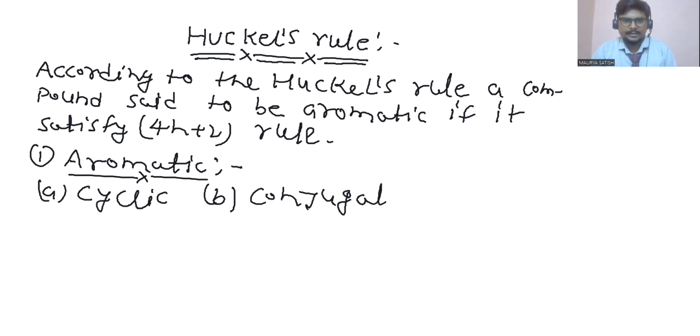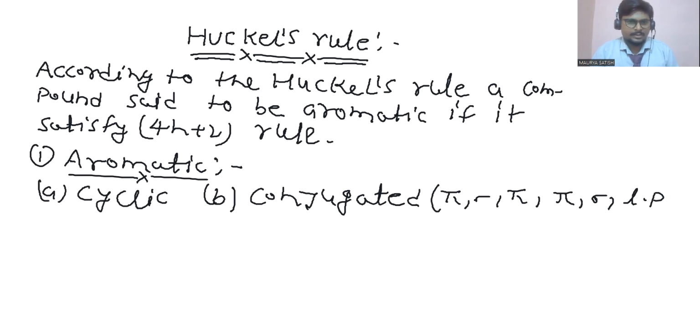Conjugated means alternate pi bond is present, like pi, sigma, pi. Or the next one can be pi, sigma, lone pair. And another, yes of course, pi, sigma, charge. Charge can be positive or negative.